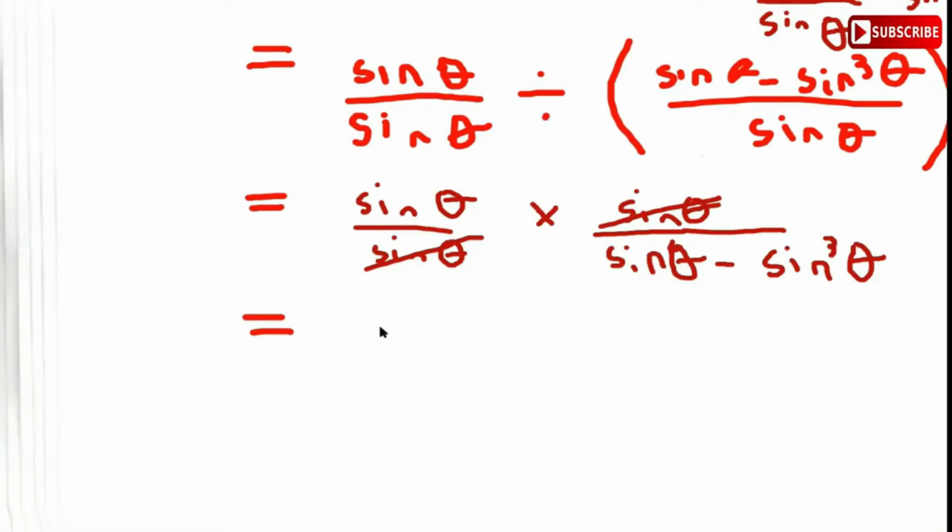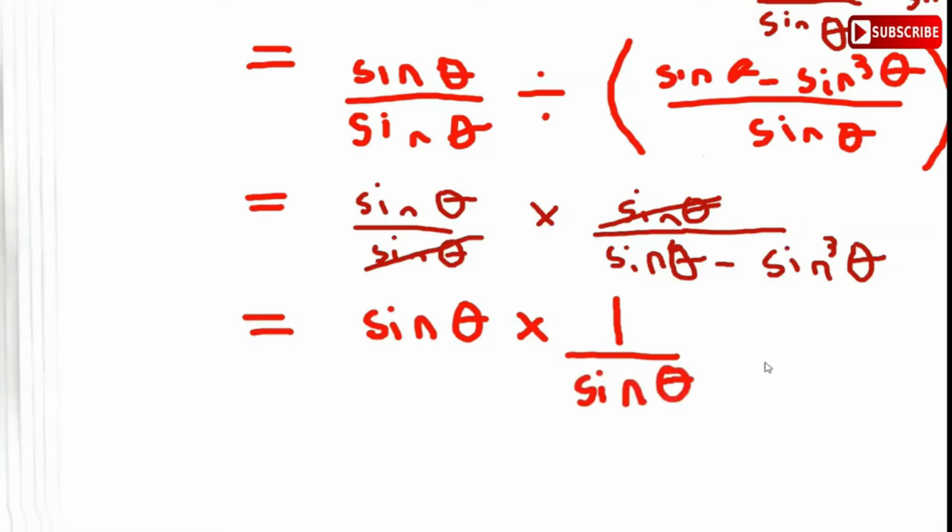I'm going to rewrite this now as sine theta times, now this right here is 1 over sine theta minus sine cube, which I can write as 1 over sine theta times 1 over 1 minus sine square theta.